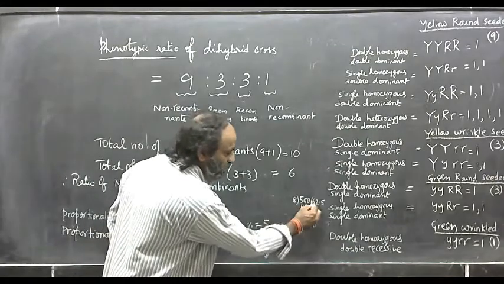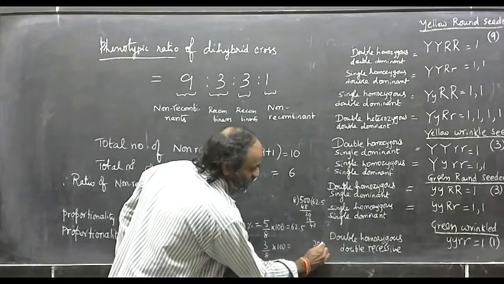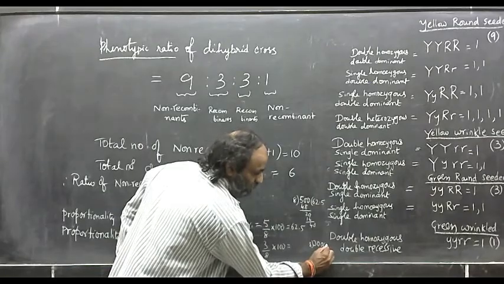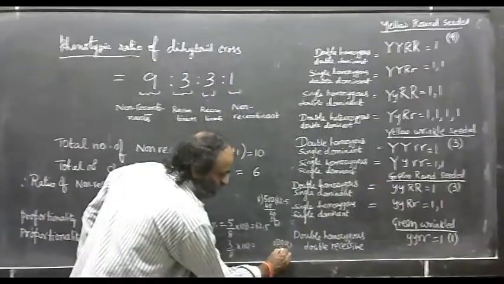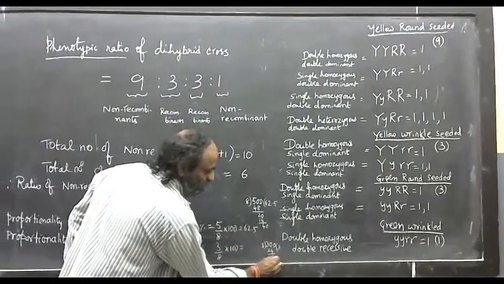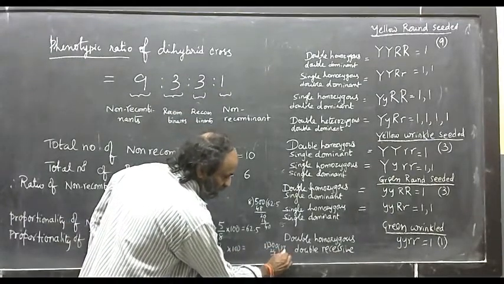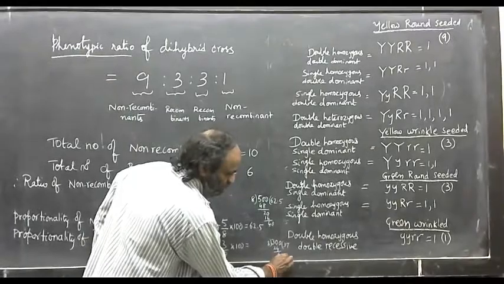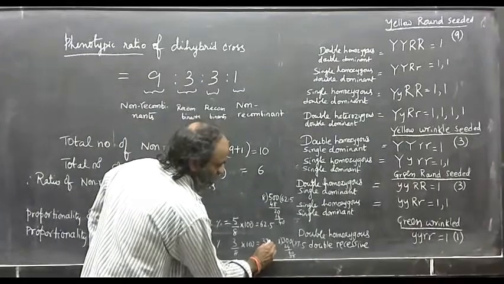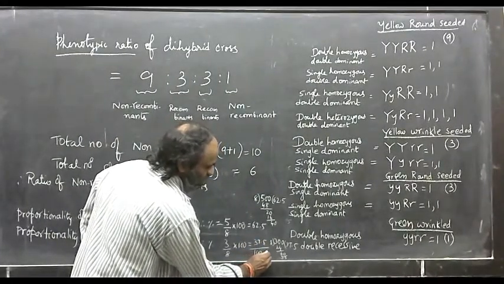The 300/8 means 8 3s are 24, it is 60. Then 8 7s are 56. It is 37.5. If you sum up, it becomes again 100%.